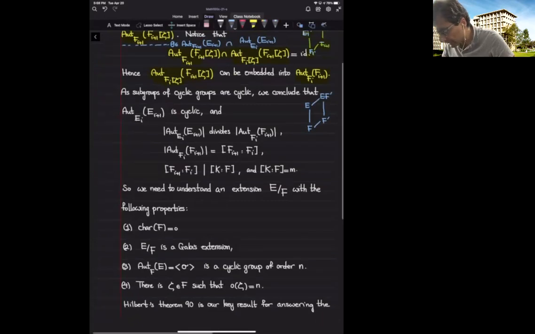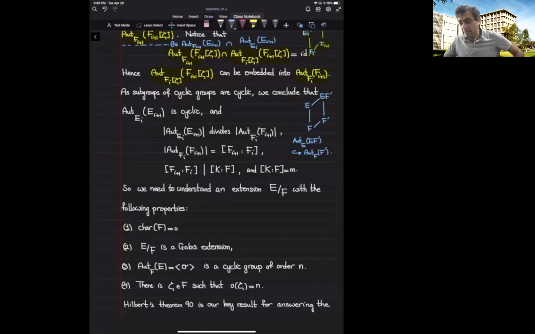Then the top argument, supposing that everything is Galois, implies that E automorphisms of EF prime can be embedded into F automorphisms of F prime. And the embedding is coming from the restriction map. The restriction map is well defined, and it has no kernel, because if something is in the kernel, that means the restriction of this automorphism to F prime is identity.